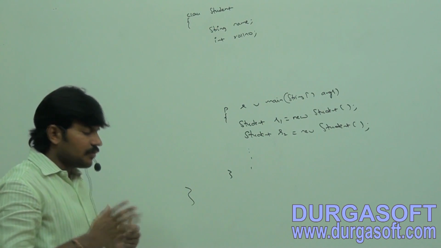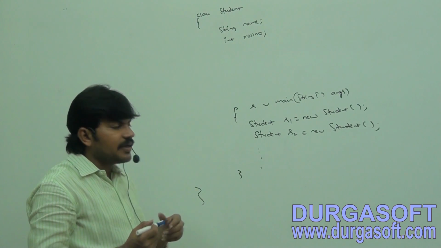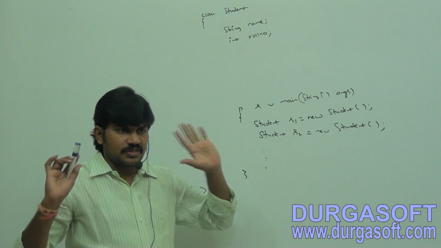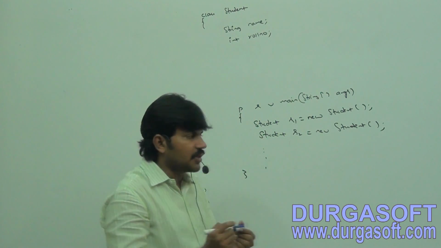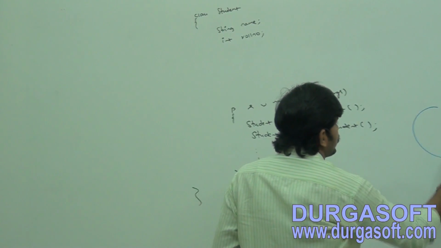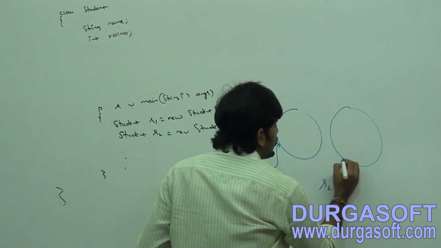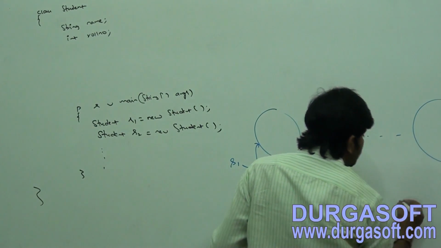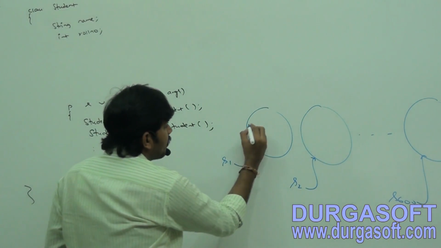Now my target here is, observe, assume I created some 600 student objects, s1, s2, and so on.